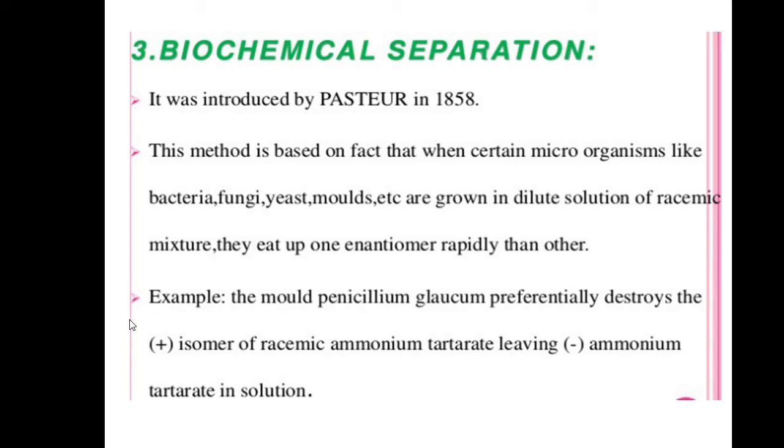The main disadvantage of the method is that it is very difficult to find a proper microorganism which may consume one isomer in preference to the other. Also, since the microorganism consumes only one type of enantiomer, we get only one form. The other form is consumed by the microorganisms.